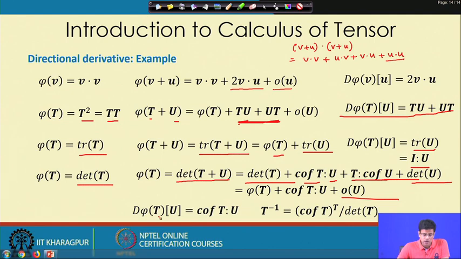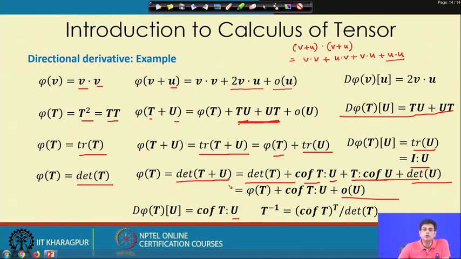Whenever we use tensor arguments, our direction has to be a tensor direction. For instance, in the case of a vector, we always use a direction as a vector, but in the case of a tensor, the direction always has to be a tensor.